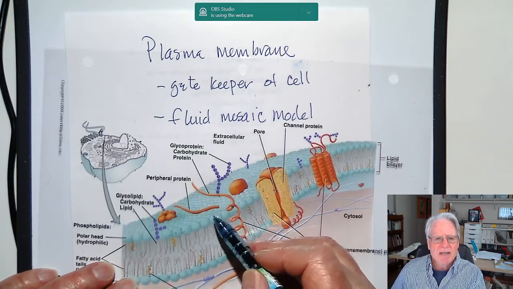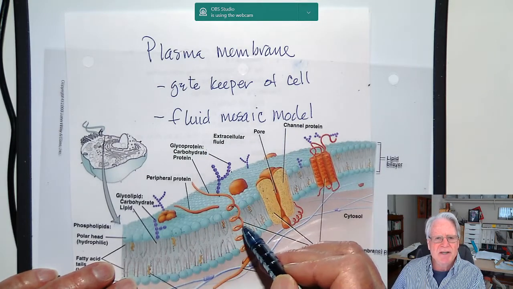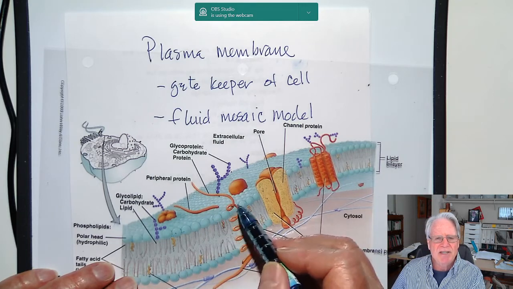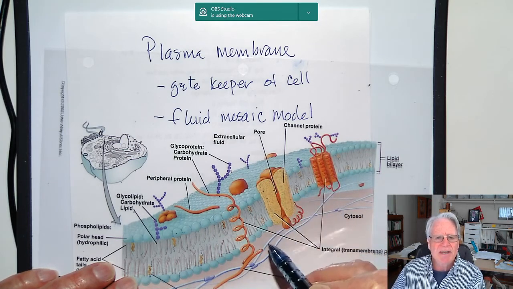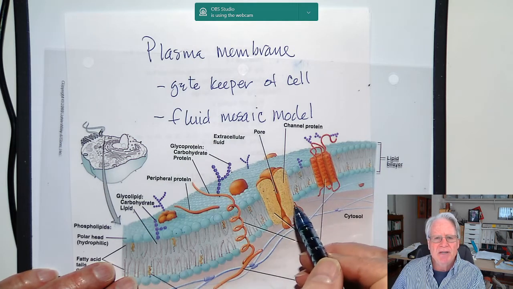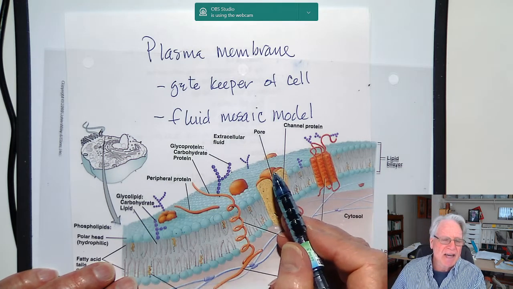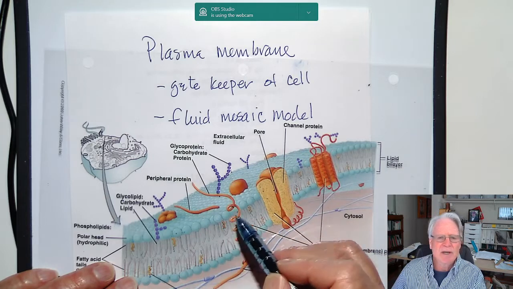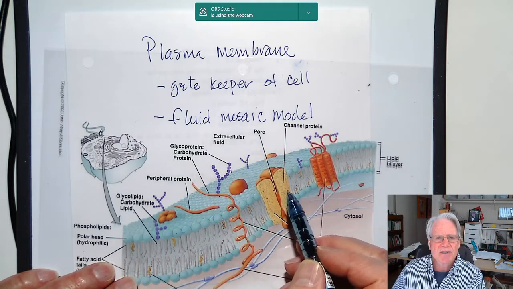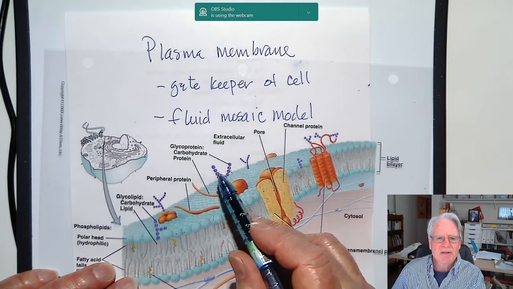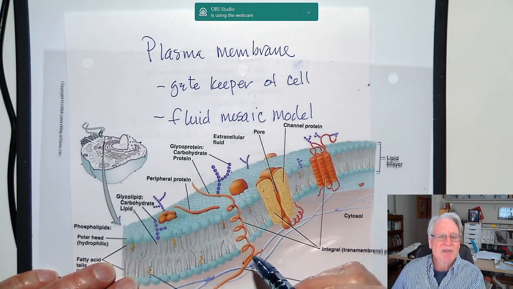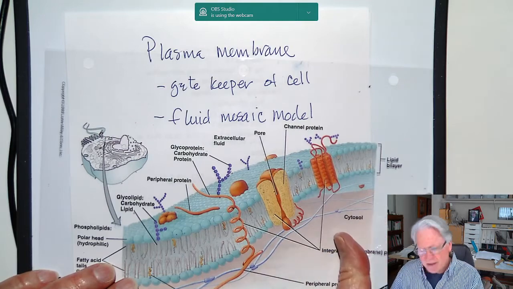Fluid because it has flexibility, there's movement in there. Not only the membrane is flexible, but the proteins can move around. Unless they're anchored in place by some protein, they can act like icebergs and literally move around into different locations. So mosaic because we have these proteins that are spread out in a mosaic-like fashion within the membrane.